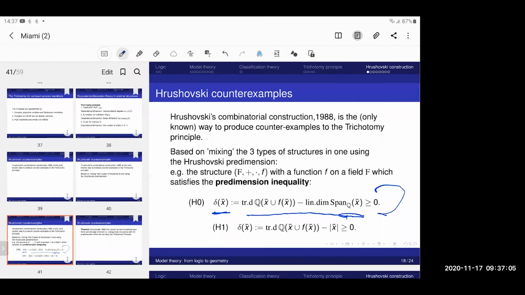Another example of this would be this one, where instead of linear dimension, you just count the number of distinct elements in X. And this is as good as the first one. Actually, it is easier. The second case is easier to deal with, and the first case doesn't quite fit into the Hrushovski construction. But we will come back to this first case as well.